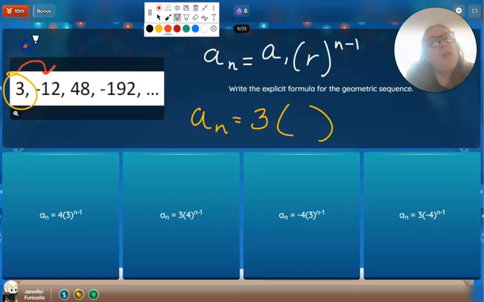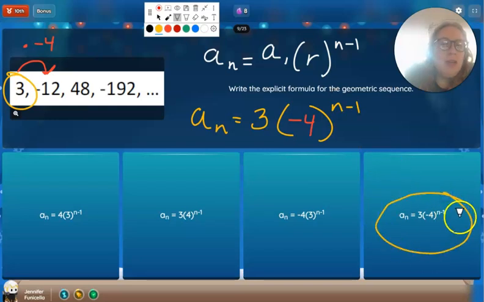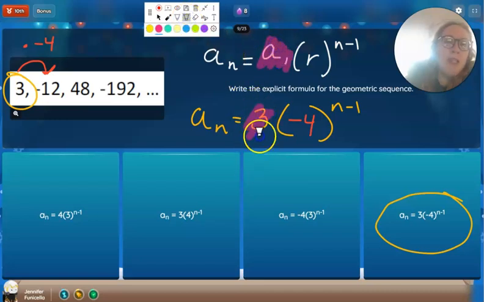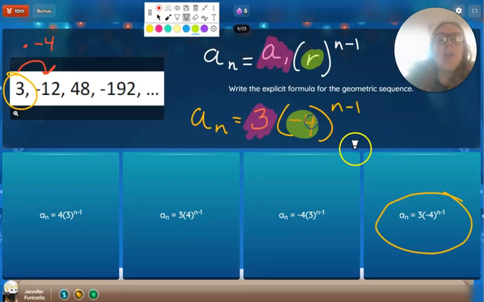We saw this one earlier when we multiplied by a negative 4. And then we have our n minus 1. So we have 3 times negative 4 raised to the n minus 1 power. Good. So notice a lot of these look similar, so we want to make sure we're putting our first term in front of the parentheses. That's our first term placement. And what's inside the parentheses is our multiplier, or common ratio.